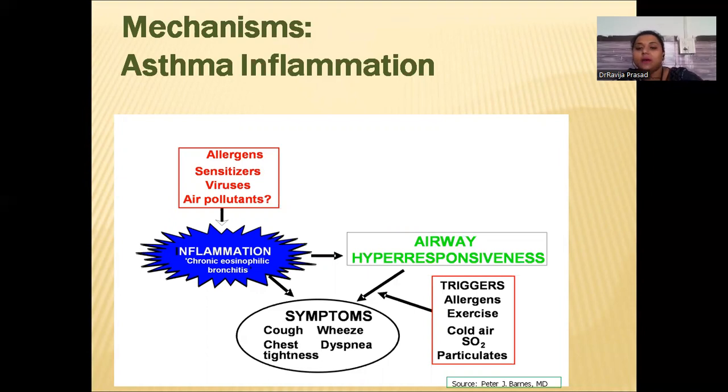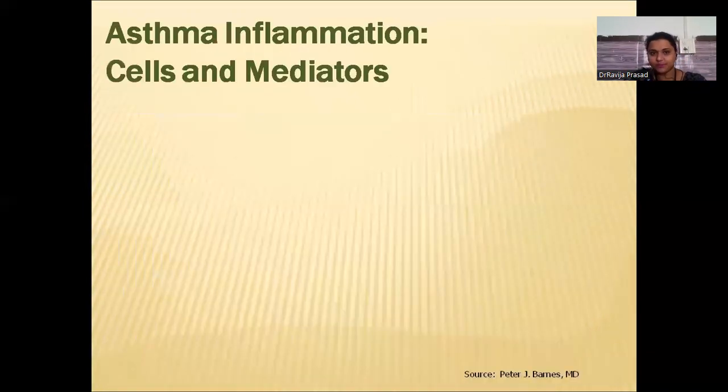Then the airway hyperresponsiveness is triggered by allergens, exercise, cold air, and particulates. So this is the mechanism that occurs in asthma inflammation.